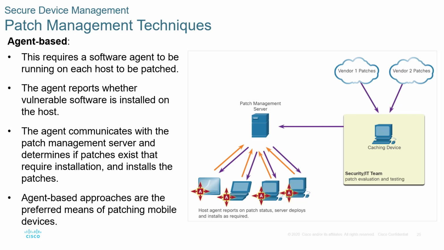We could also have that patch management server actually approve the versions and deploy the patches if necessary. And again, this is typically agent based, so that the agent on the machine calls out to that patch management server to verify what's going on.